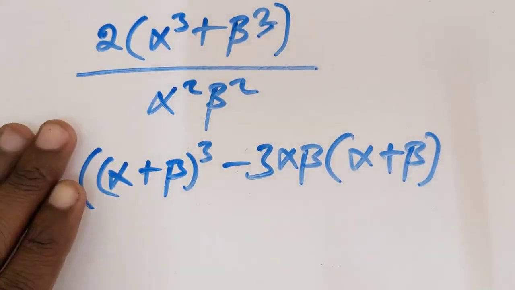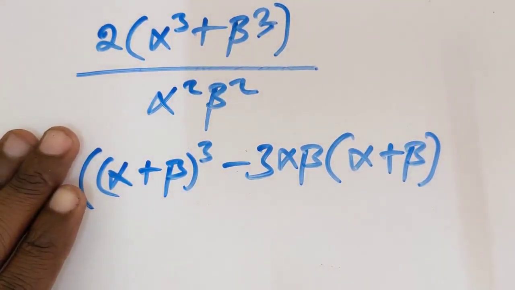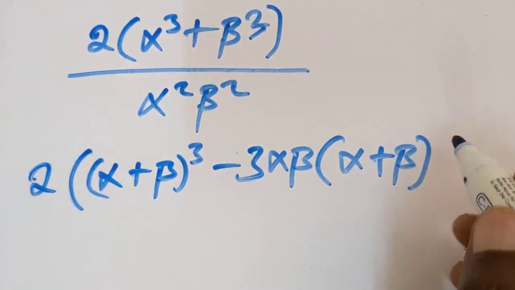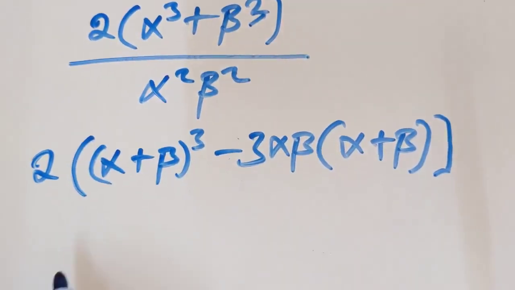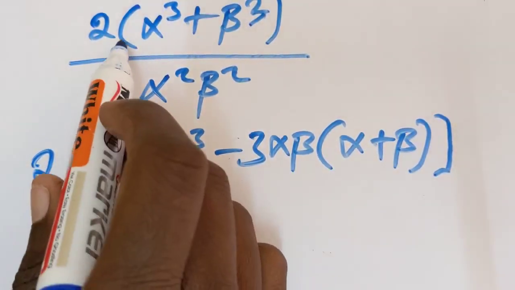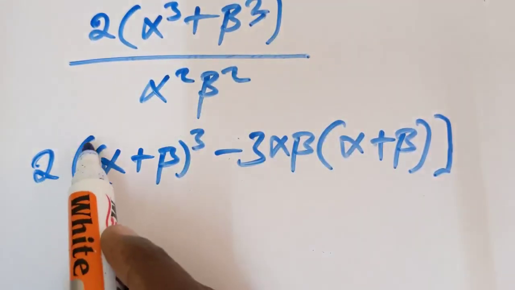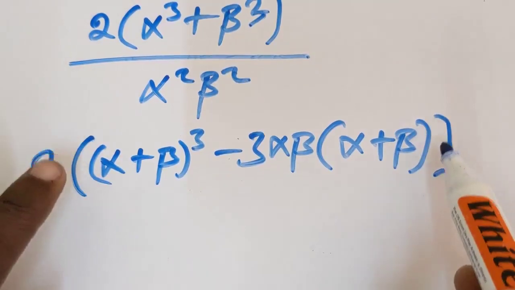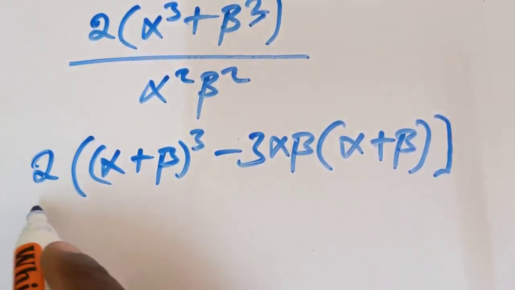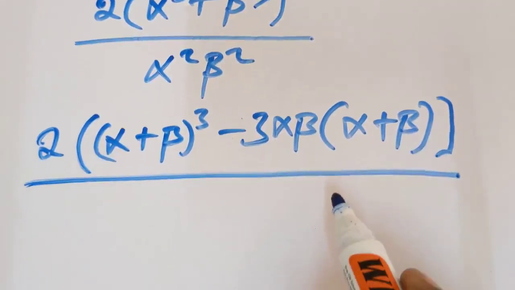Okay, so there's just a 2 here, don't be confused. You just put it like that to show that this 2 is multiplying with everything. That is why I've put this bracket outside here. Okay, over like that.